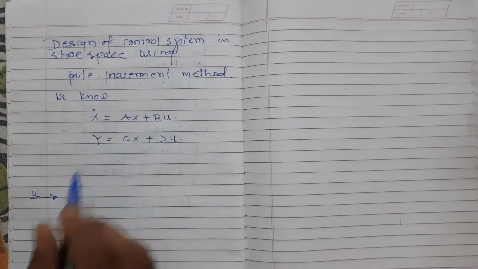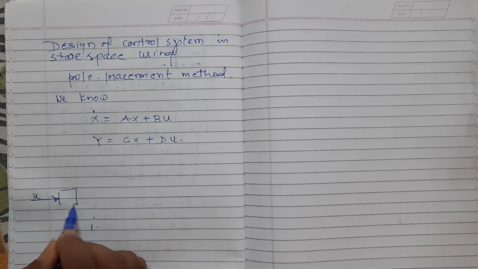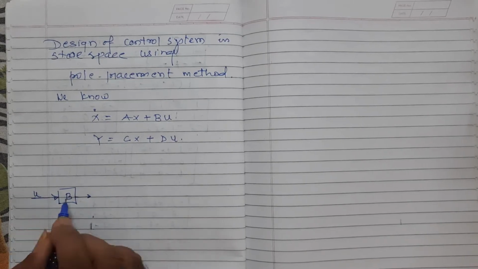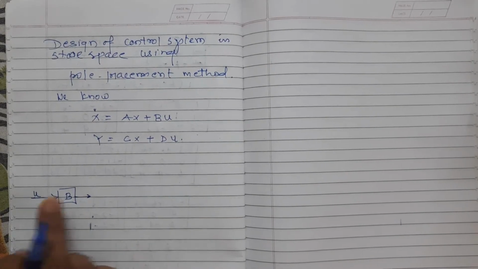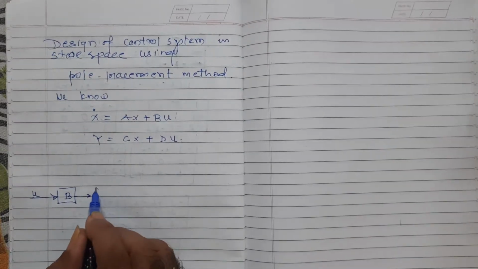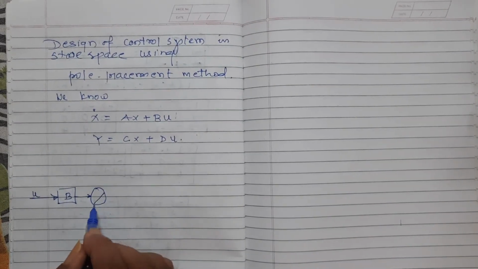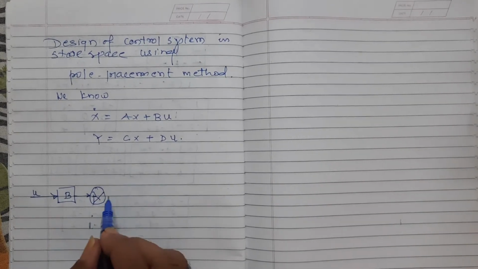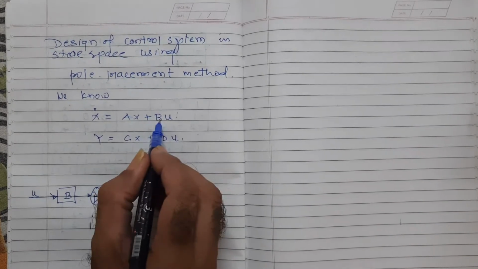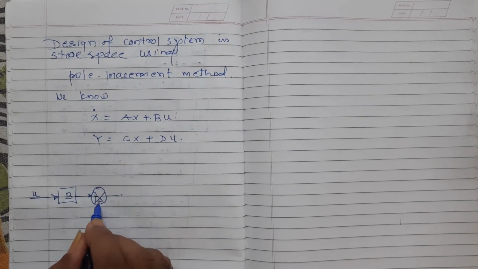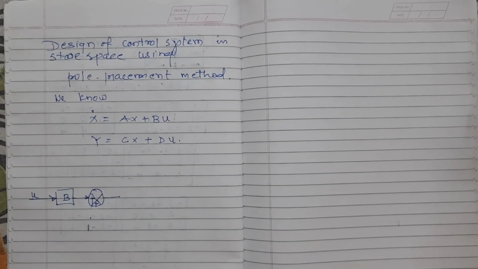This reference input is multiplied by B, so we put here the block B. So here we get B multiplied by u. Now we have to add this, so we will put here the summation. This is positive, this is also positive, so we will put plus here again.